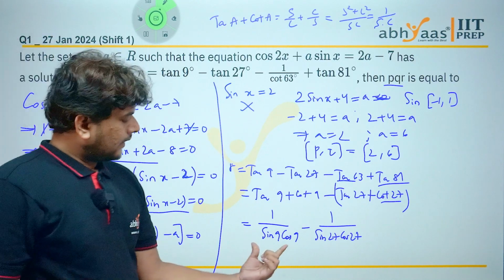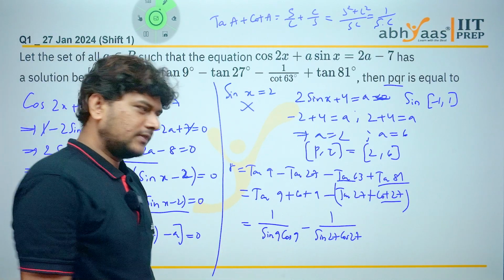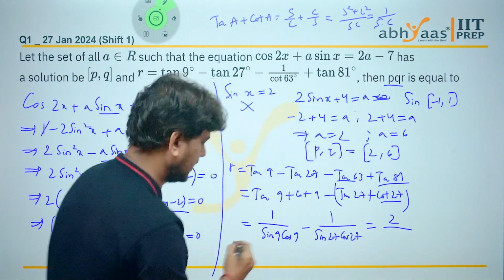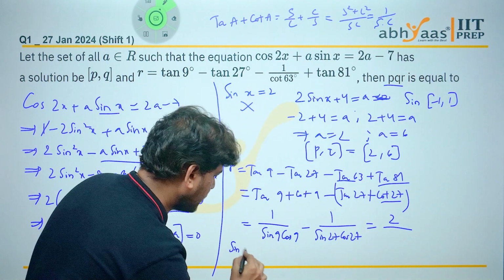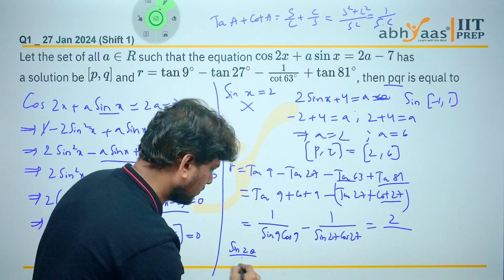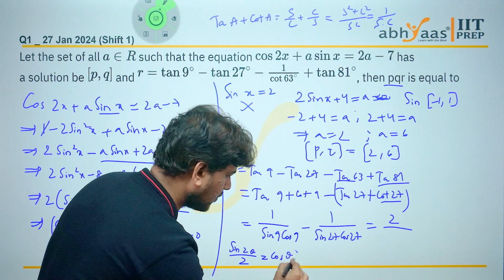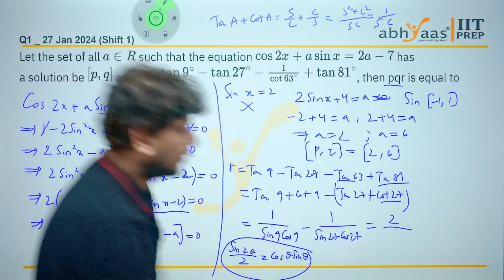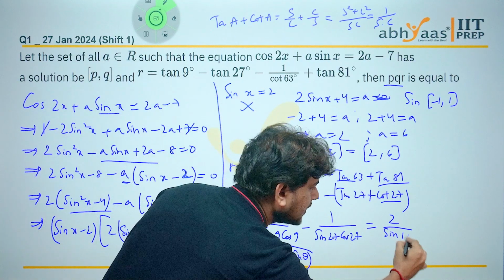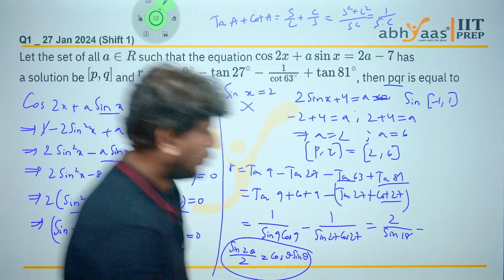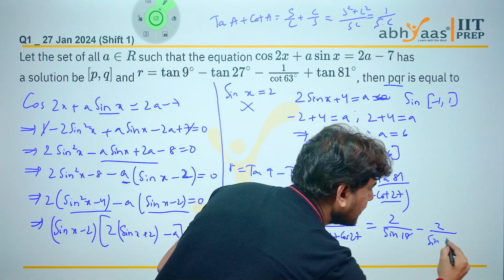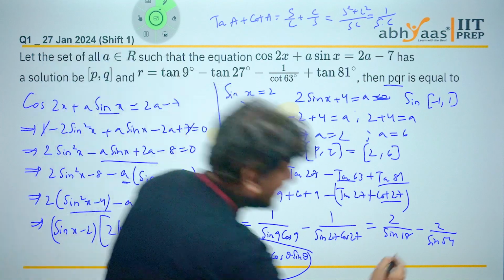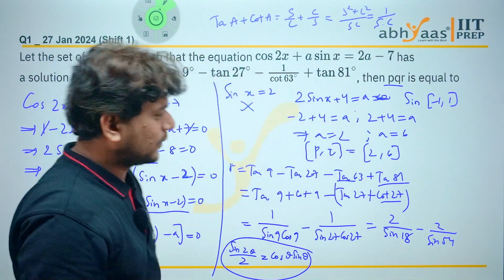Sin 9 cos 9 is like sin 2 theta, since sin 2 theta is 2 sin theta cos theta. So we will get 2 by sin 18 here and minus 2 by sin 54 here. So we need the sin 18 value and the sin 54 value.